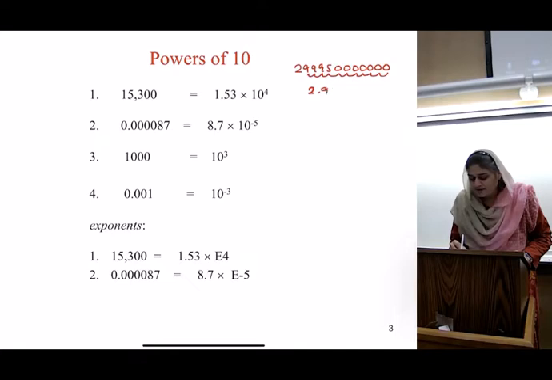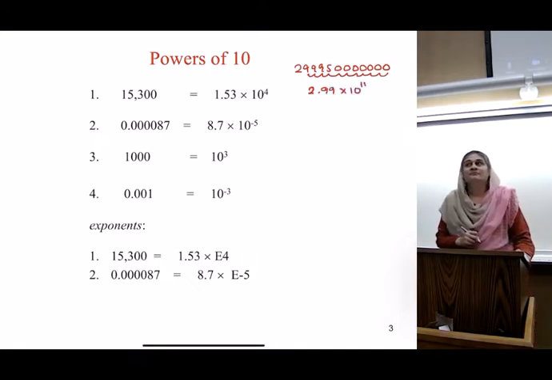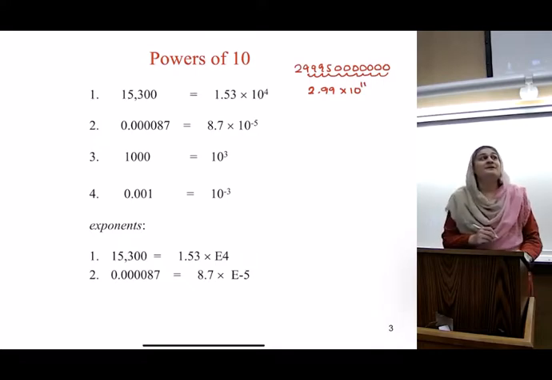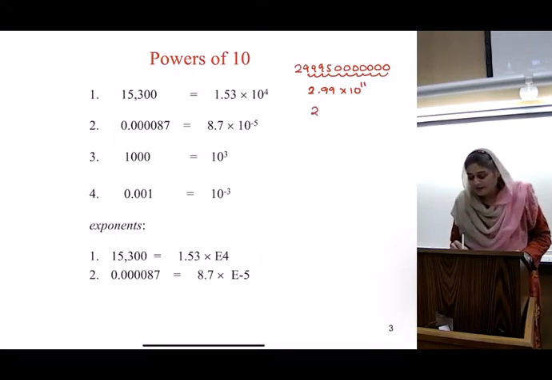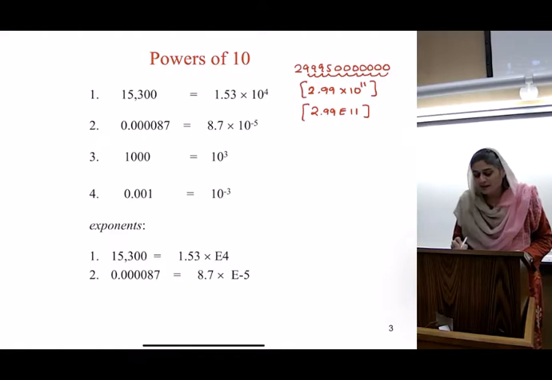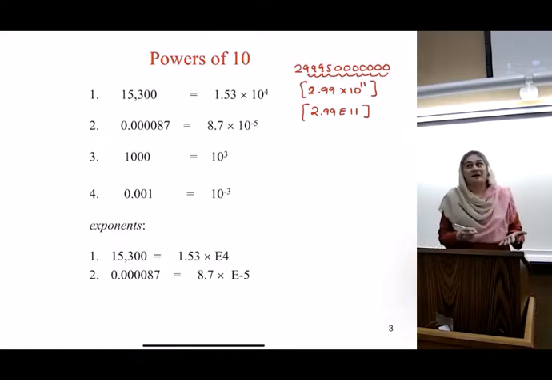And you could write 2.99 times 10 to the 11. That is easier to write. Or if you were feeling even more like not writing, you could write it as that. And to a person who reads math, all of these mean the same thing.